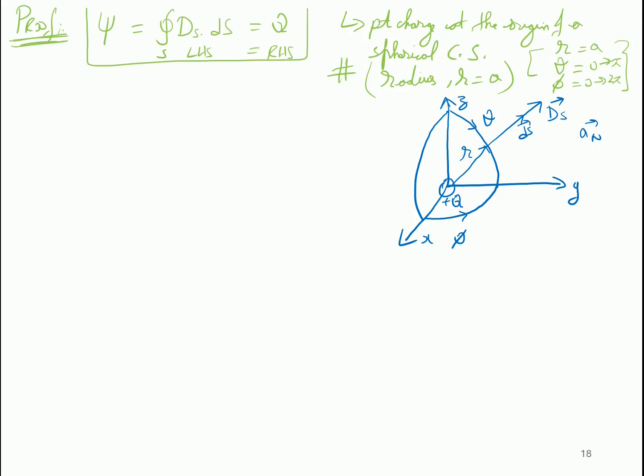Why do we need a patch area? Because we need to figure out what d of s is. So let us consider a patch area over here. This is our patch, a small surface that we have selected, which is our d of s. So our area of interest will be such.